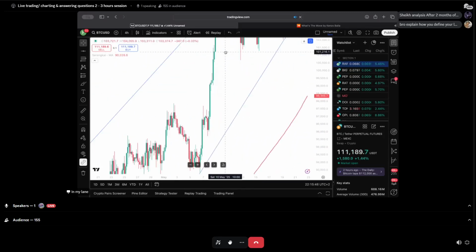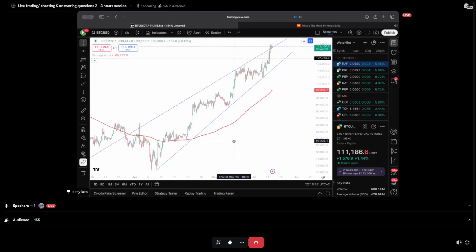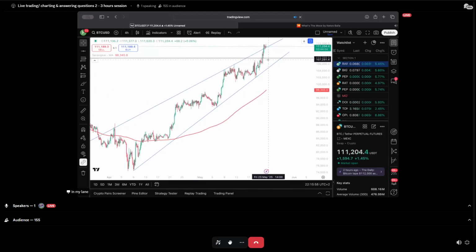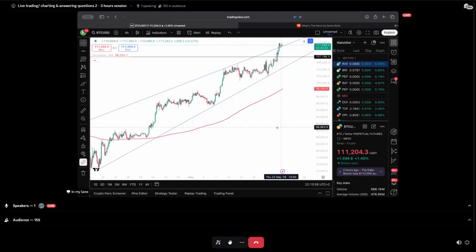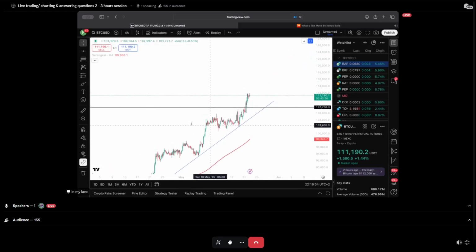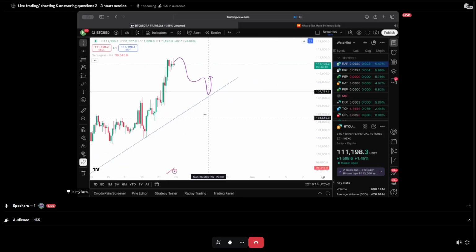I'll explain soon. So this level I placed based on... okay, let me remove this pen. I just drew one trend line here, and I placed this one based on the next retest point. So when we retrace, it will come back here. You see, like this.